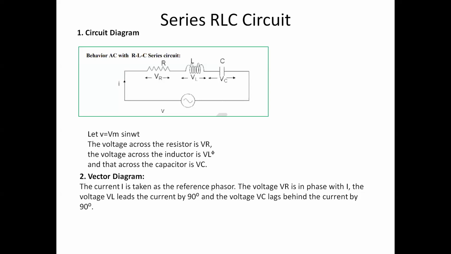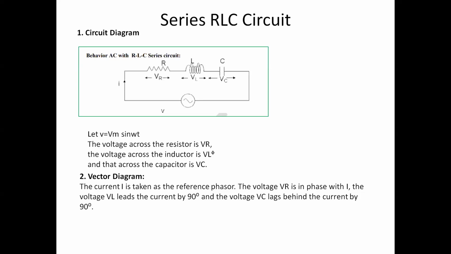Now the vector diagram becomes pretty interesting, because we need to handle the three voltages VR, VL, VC, and along with these three voltages, you need to handle the supply voltage V as well as supply current I. In the previous lessons, we had seen that for a resistive element, VR and I are in phase.